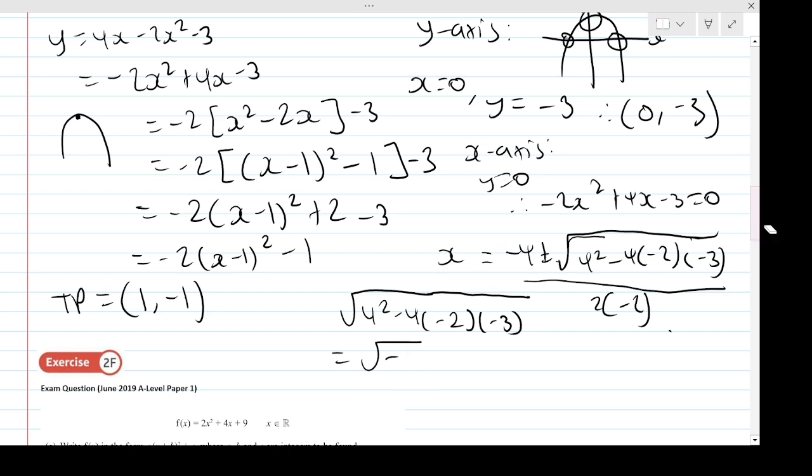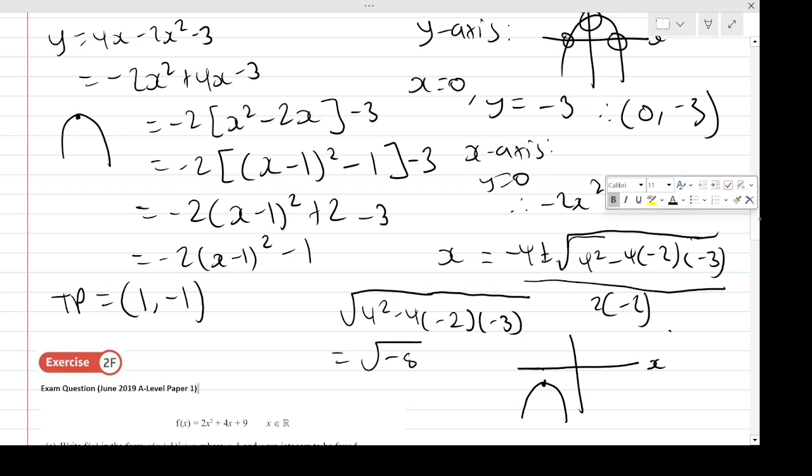But what that means is, if there are no solutions, it doesn't cross the x-axis. So instead, the graph is going to look like this. The maximum point is not going to cross the x-axis. It's never going to touch the x-axis, okay? So in this situation, when your answer has this weird i in it, you should check if you get a square root of a negative.